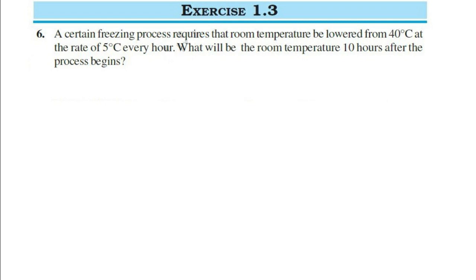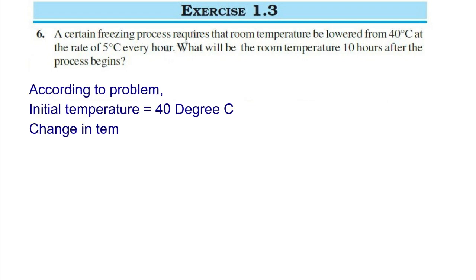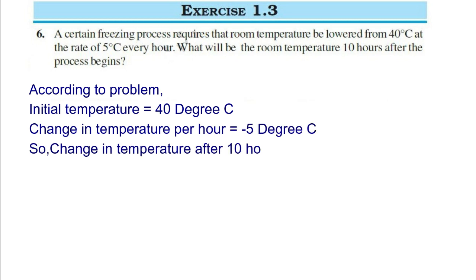Temperature lowered from 40 degrees centigrade means temperature goes towards negative, and the temperature decrease rate is 5 degrees centigrade per hour. So it's simple. After 10 hours the temperature will be decreased 5 degrees centigrade into 10 hours equal to 50 degrees centigrade.